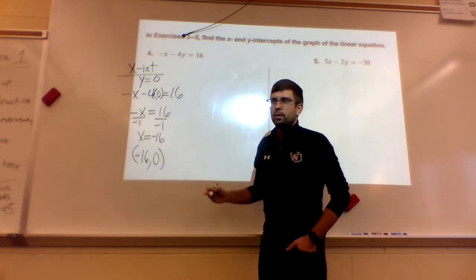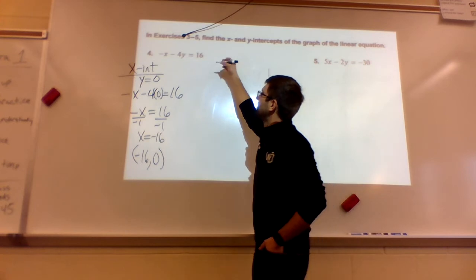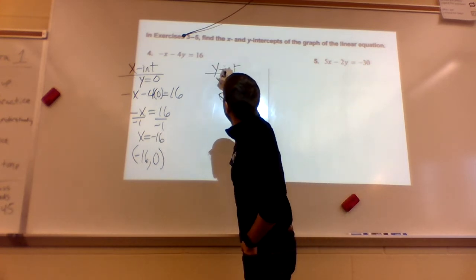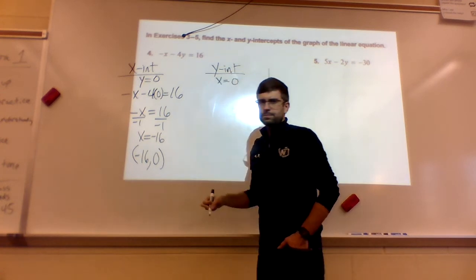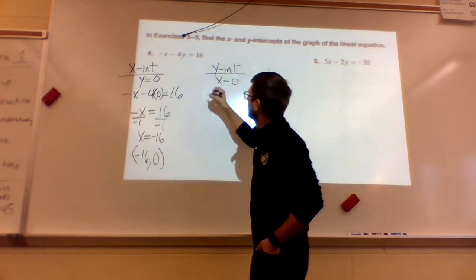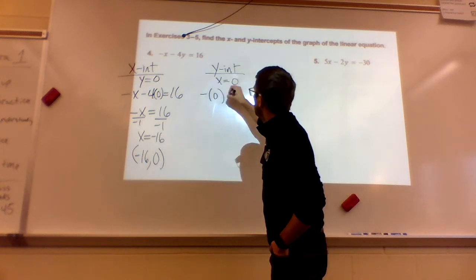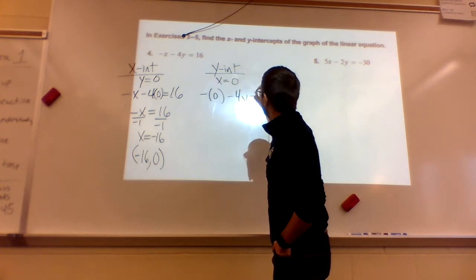Similarly, we want to find the y-intercept for this one. For the y-intercept, we know that x equals 0. So I'm going to go back to my equation and plug that in. -0 minus 4y equals 16.